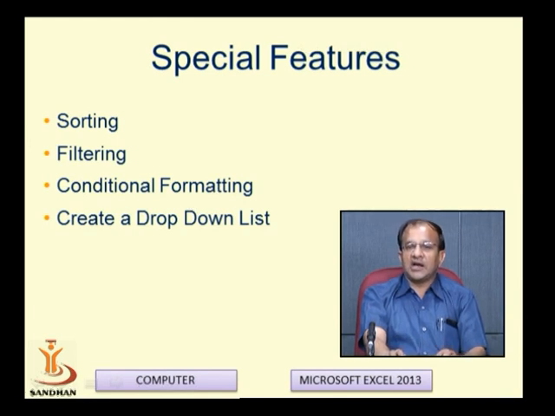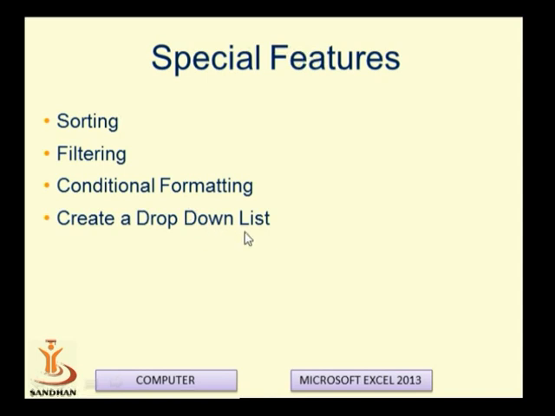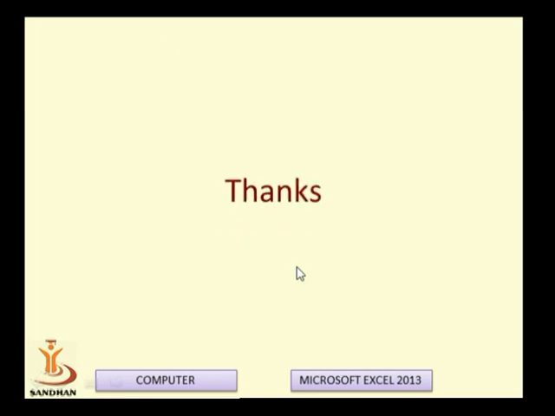Then you have to select the data validation option in the data menu, and in data validation you select a drop down list, and give the range name from which the values are to be selected. By clicking on OK, it will create a drop down list for the options.